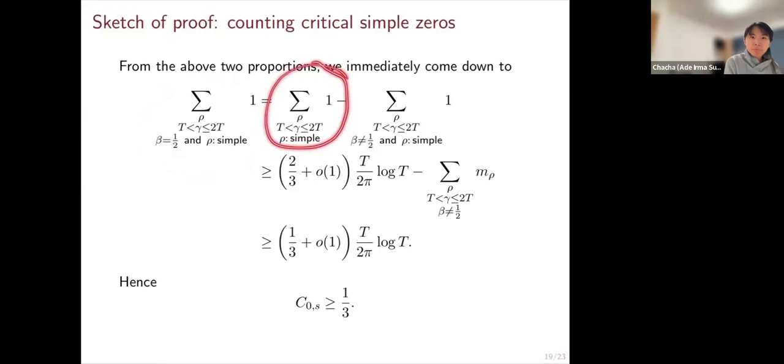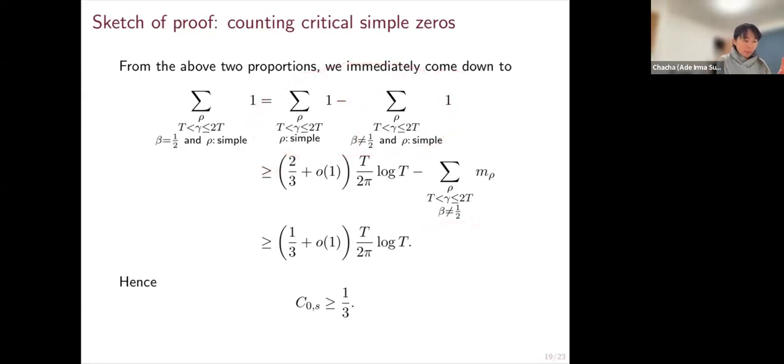The number of simple zeros, as we have seen just now, is at least 2/3 of the whole number of zeros, and this one over here is bounded above by the summation with the multiplicity of zeros for zeros which are not on the half line. And so if I take minus, then it bounds this whole thing from below.